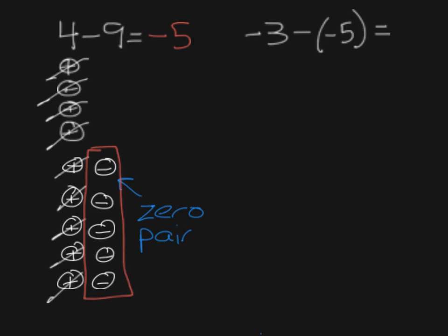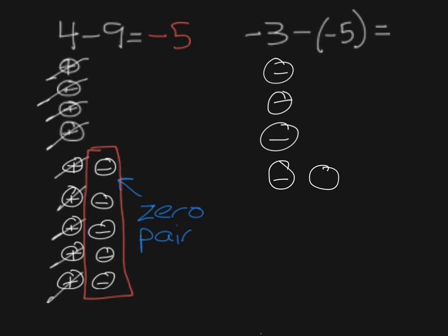Let's try another one. We're starting with negative 3 this time, and we're subtracting negative 5. So we've got 1, 2, 3. These are negative. Now we want to subtract 5 negatives, but we can't because I only have 3. So before we take away the 5 negatives, I need 2 more negatives.